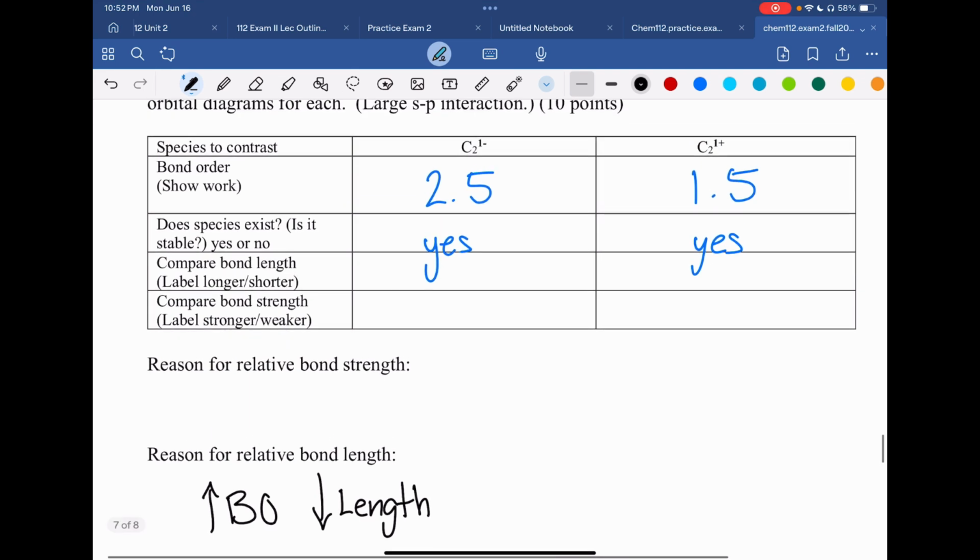So if 2.5 is higher than 1.5, this one is shorter than the other one.